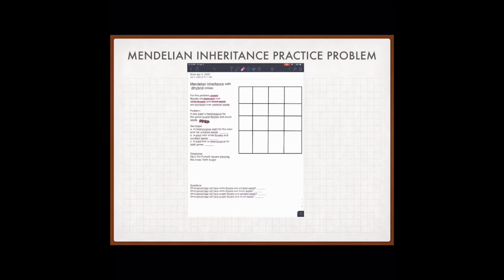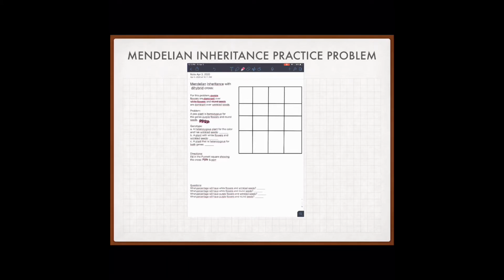The next step is to fill in the dihybrid cross, but in order to do so, we must find out what kind of gametes the plant can produce. For this, we will use the FOIL method, starting with the first parent, big P, big R, little r, down here.